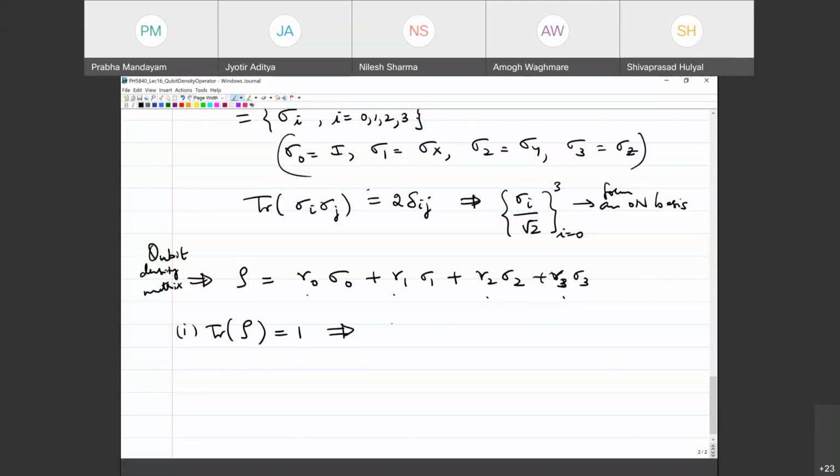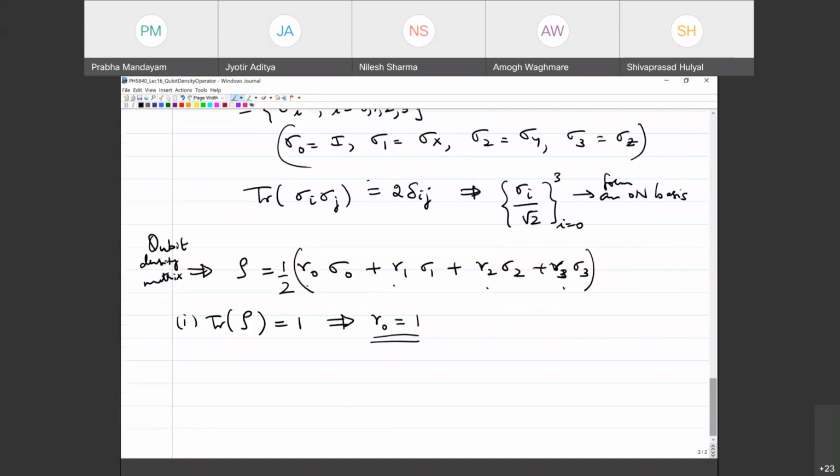Actually, what I should have done is to put the half already. So let me write this as half of this, okay? Because we know that there is a normalization factor there of 1 over root 2 anyway, but I would like to put a half here. And the reason is very clear, because then R0 should be 1, correct? I hope everybody sees that, because if I take trace of rho, then sigma 0 is nothing but identity.